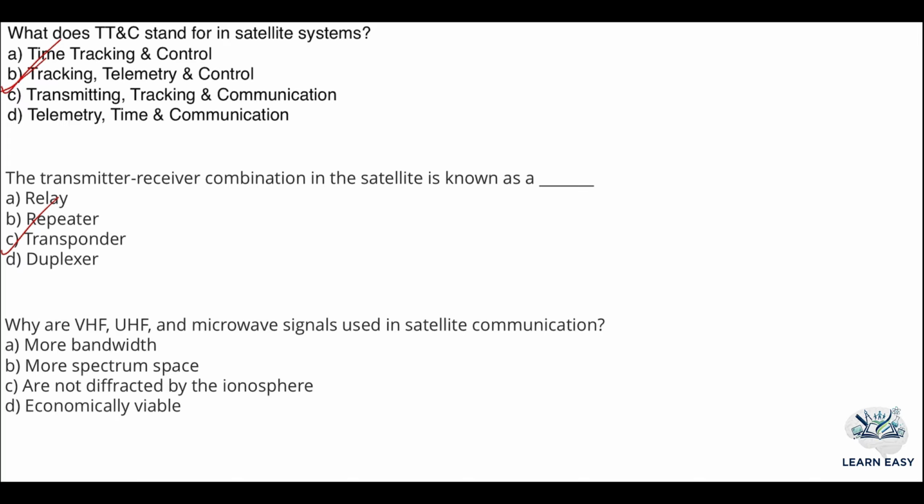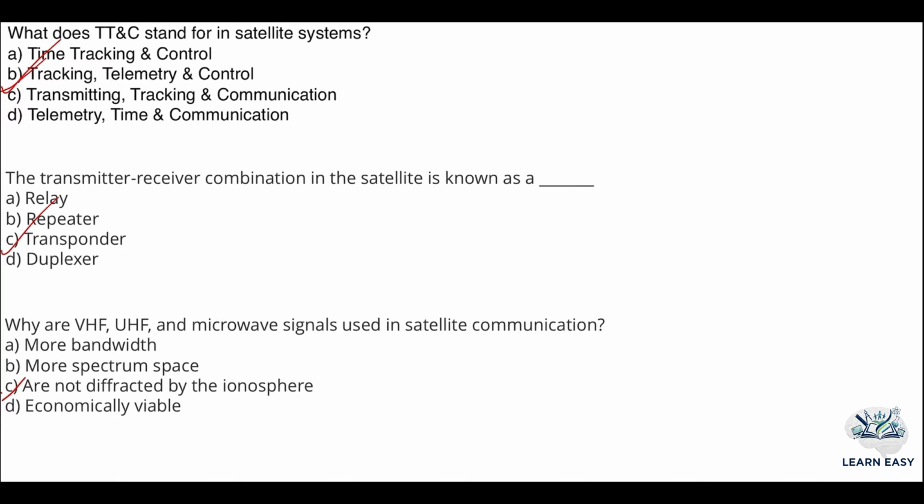Why are VHF, UHF and microwave signals used in satellite communication? Option A, more bandwidth. Option B, more spectrum space. Option C, are not diffracted by the ionosphere. Option D, economically viable. We know that the answer is option C. The VHF, UHF and microwave signals are usually high frequency signals.